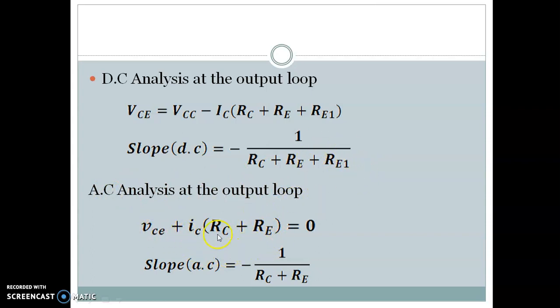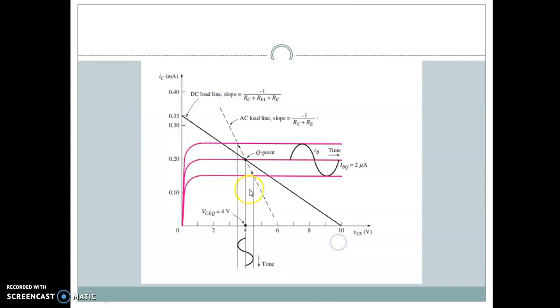So VCE plus IC into RC plus RE is equal to 0, or the slope becomes minus 1 by RC plus RE. So now let me plot both these slopes. I have taken an example here. The DC load line slope is given as minus 1 by RC plus RE1 plus RE, and the AC load line slope is given as minus 1 by RC plus RE.